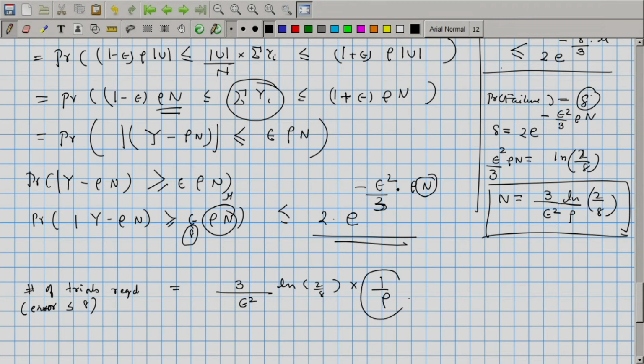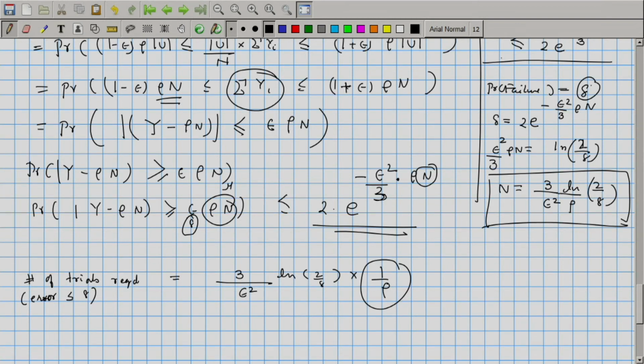Rho was the fraction of inputs that we had tried which were good. Rho is size of G by size of U. G was the set that we were interested in and U was the universe. So, if rho was very small, then this is not a good algorithm.